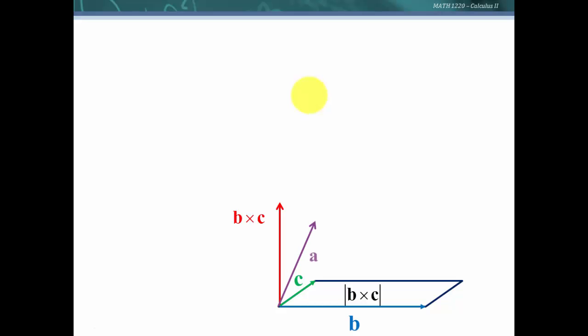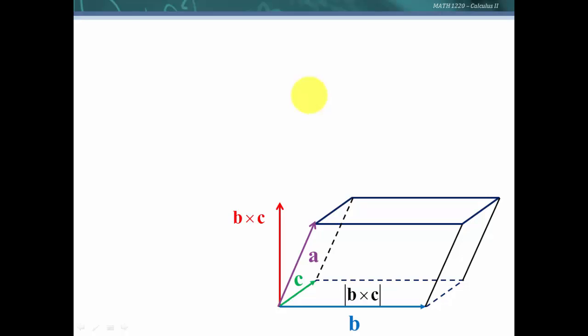Now let's take a vector a and put in the pieces to this. This is called a parallelepiped, and we are going to figure out the volume of this parallelepiped. The volume would be the area of the base multiplied by how high this is.